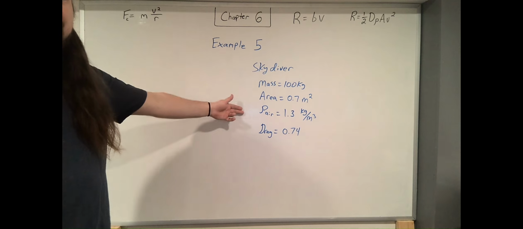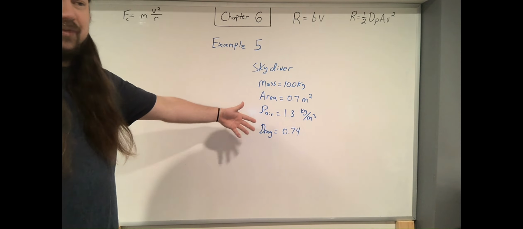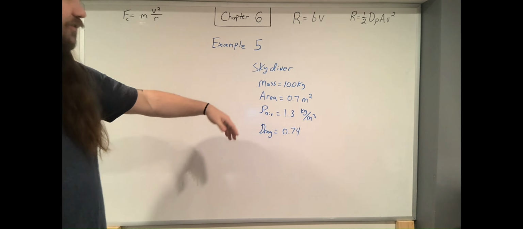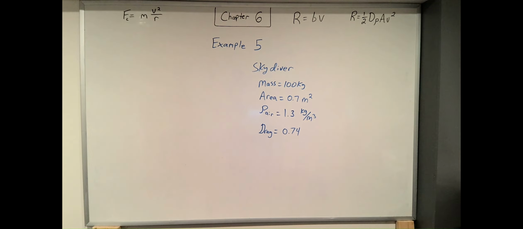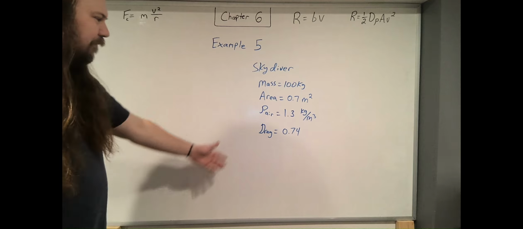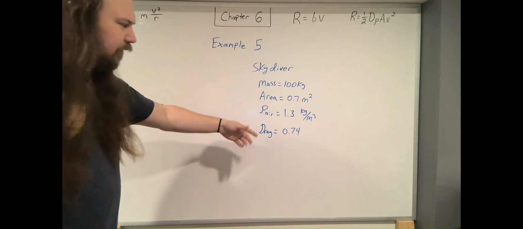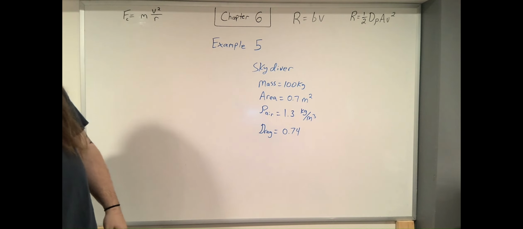I looked up the density of air. We're just going to assume it's regular air and that we're not worried about elevation changes. Density of air is about 1.3 kilograms per meter cubed. And then I looked at what the drag coefficient is of a person falling through air, and it told me it was about 0.74.